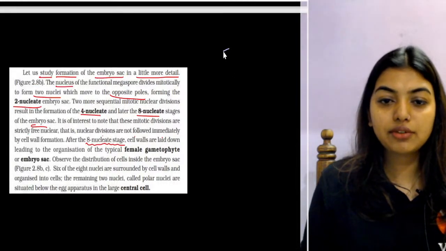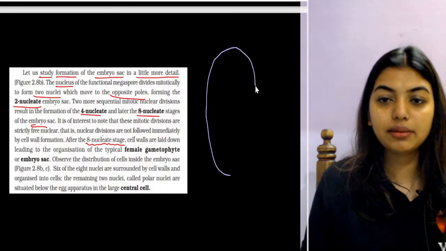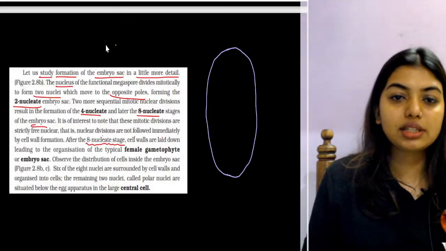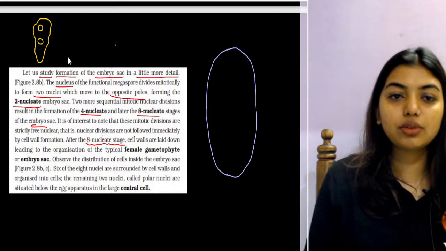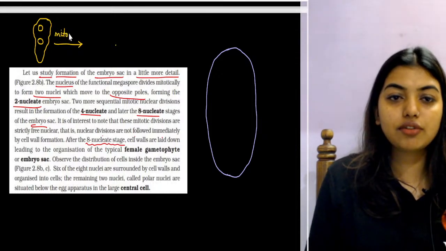So students, if I have to draw the embryo sac, we'll try as much as possible to draw with the pen. Let's say I'm drawing a miniature version of this. We had a 2 nucleate stage. Then it underwent mitotic division. Students, you have to know where mitosis is happening, where meiosis is happening.